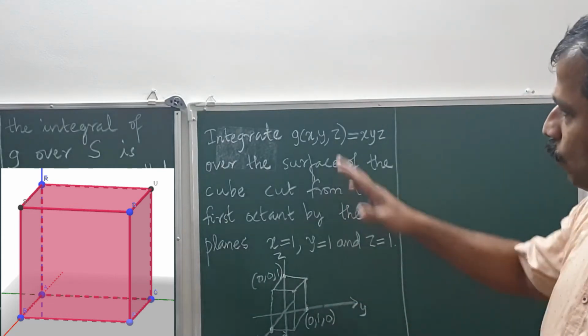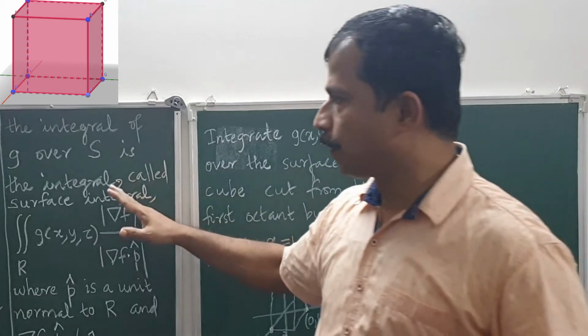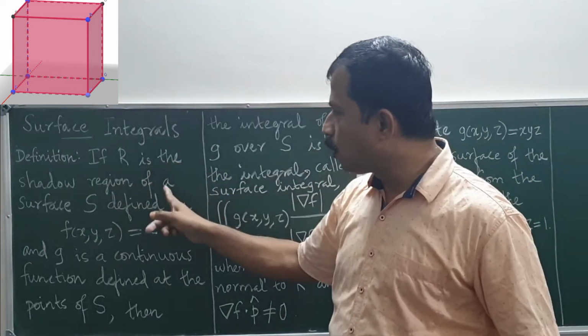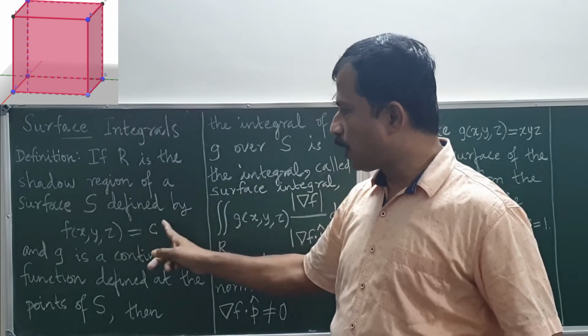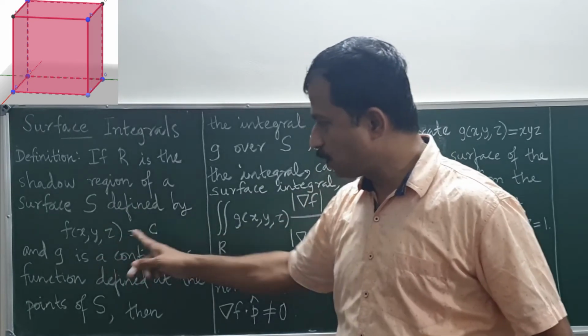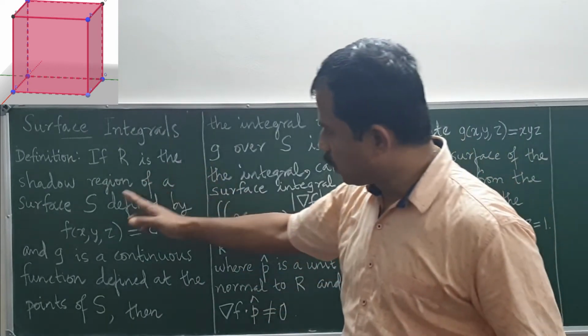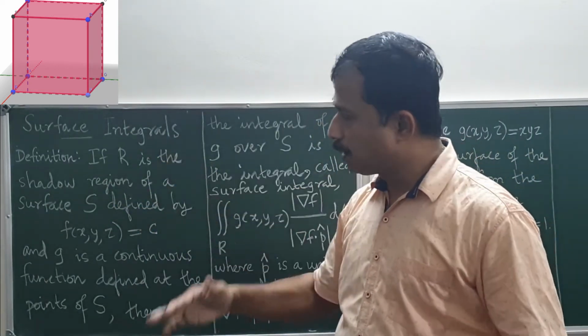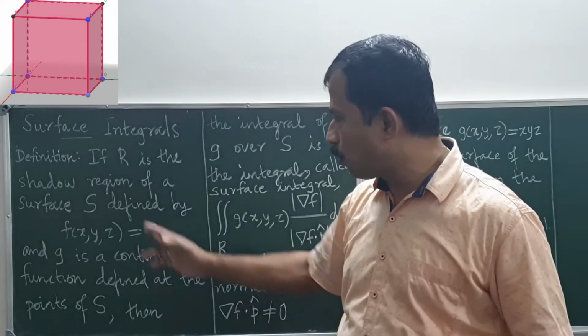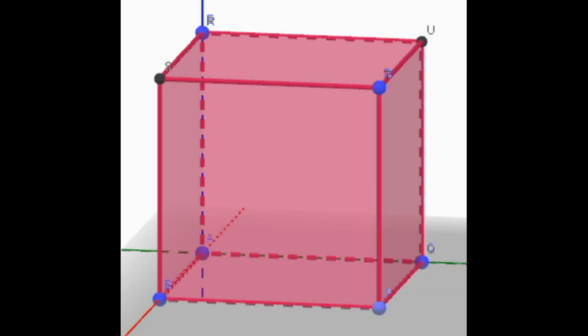In order to find the integration, we have this formula. If R is the shadow region of a surface S defined by f of xyz equal to c, where f of xyz equal to c represents the surface S, and R is the shadow region of the surface on the respective coordinate plane. For example, the shadow of the upper face of the cube is on the xy plane, the shadow of the right face is on the xz plane, and the shadow of the face towards us is on the yz plane.